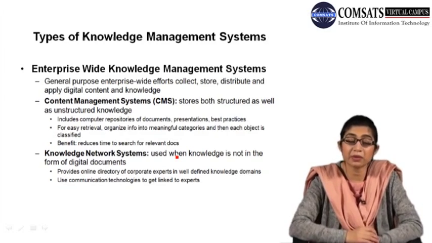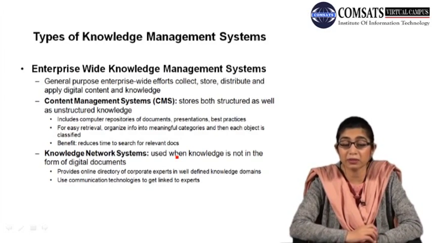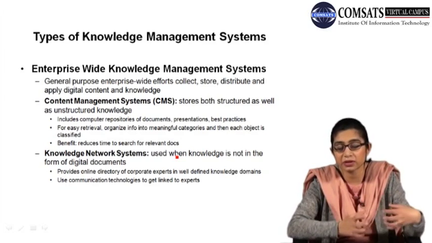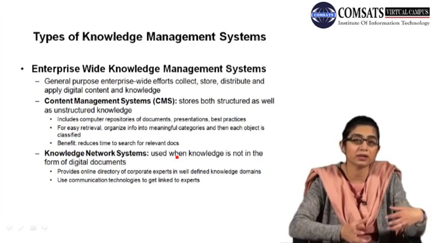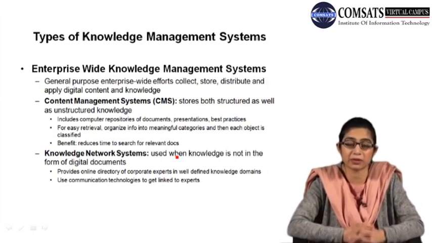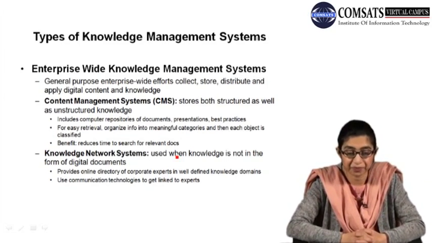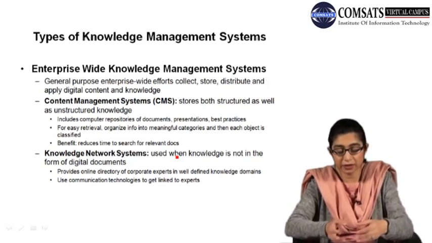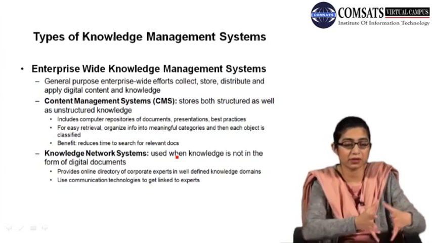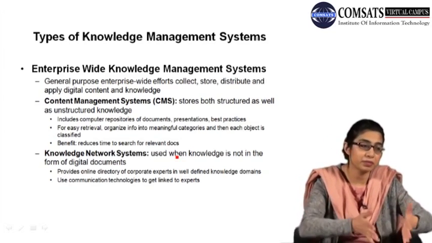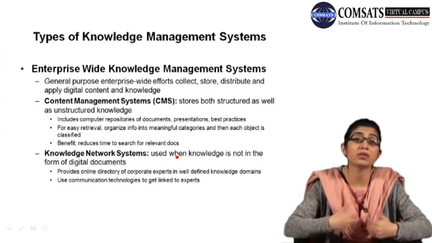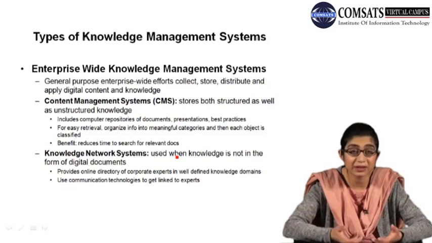That includes the computer repositories for documents, presentations, best practices, so any kind of structured information as well as unstructured information can now be stored in these corporate repositories as well. So for easy retrieval from these repositories, we said that this kind of information is placed in the databases. Then how is the information retrieved easily?